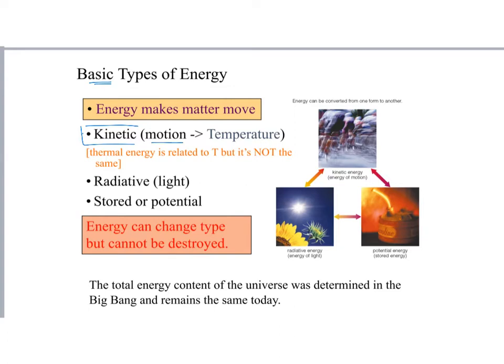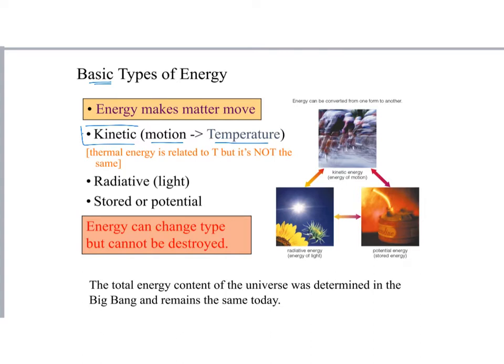Motion, kinetic. But it's also added here: temperature. We're going to talk in a second about why temperature is a measure of the average kinetic energy, how much motion happens inside a certain body for which you measure the temperature.